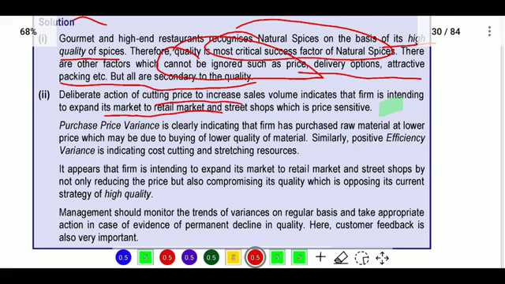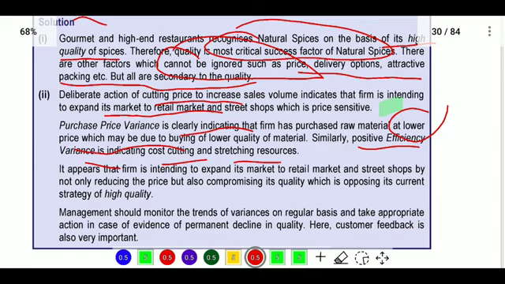Next, where the purchase price variance is favorable, that clearly indicates that the firm has purchased raw material at a low price, which may be due to buying lower quality material. Similarly, here a positive efficiency variance indicates cost cutting and stretching resources.